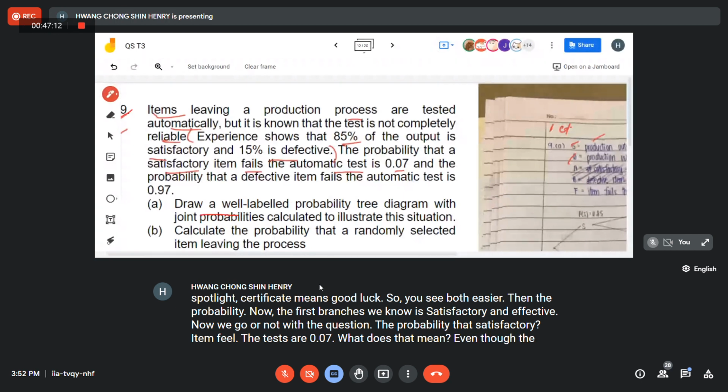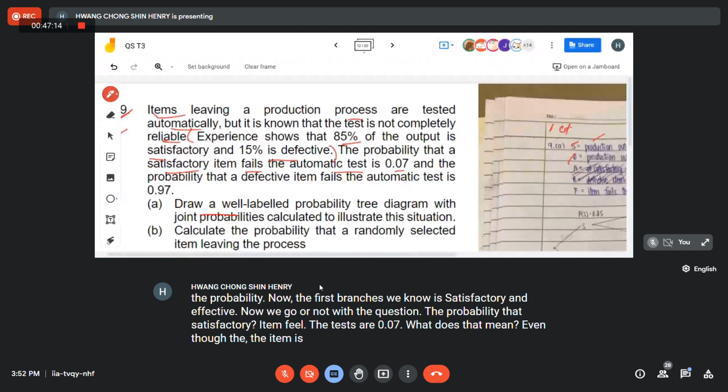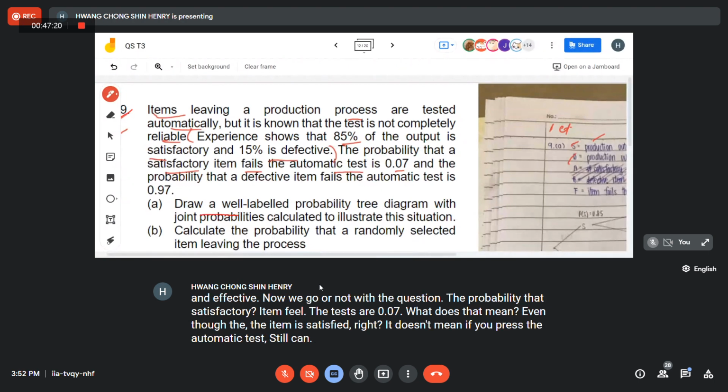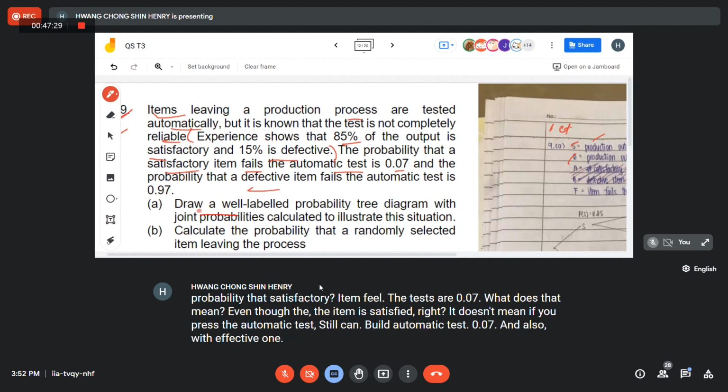Even though the item is satisfactory, it doesn't mean it will pass the automatic test. It can still fail the automatic test, 0.07. And for the defective one, if it fails the automatic test, even worse, the probability is 0.97.